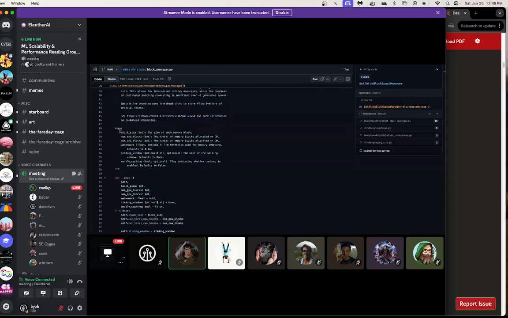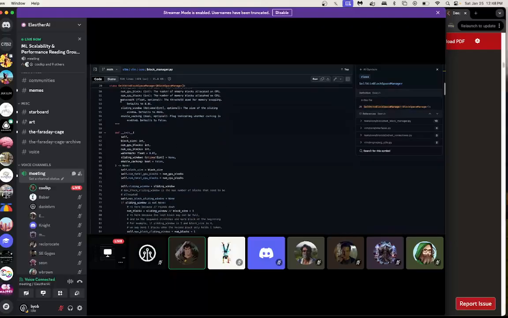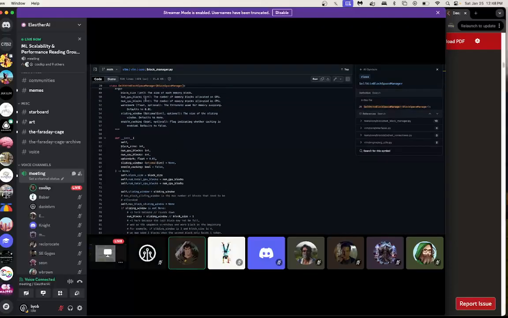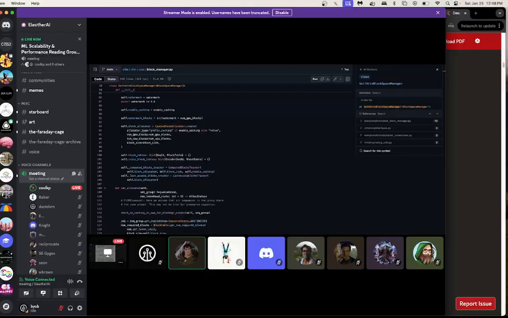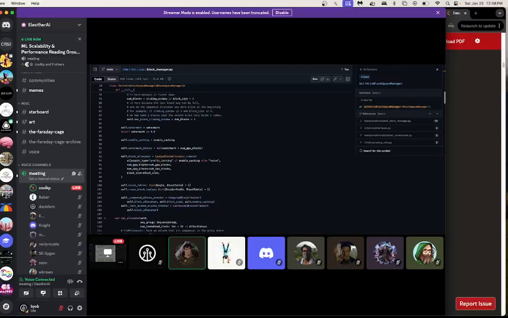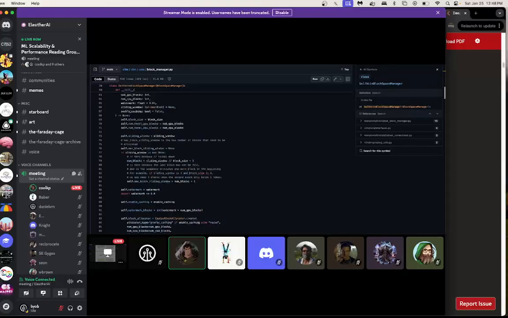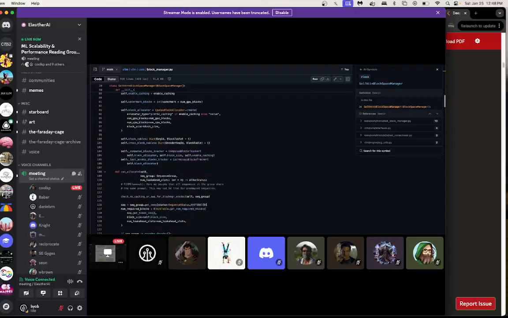So it has the block size and the number of GPU blocks and CPU blocks. For each of these, it also creates an allocator instance for the CPU blocks and the GPU blocks. Since then, they have built multiple features like prefix caching, which has led to another class of block allocators.